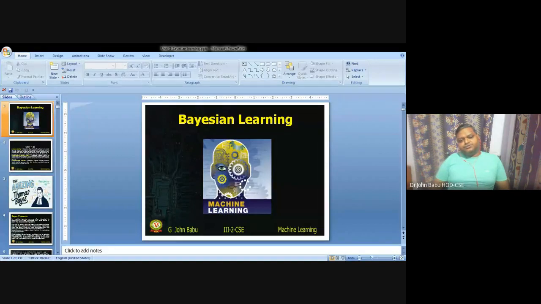Then in the second unit, we came across the basic concepts of neural network. What is a perceptron and how the perceptron works. Then we talked about multi-layer neural networks.